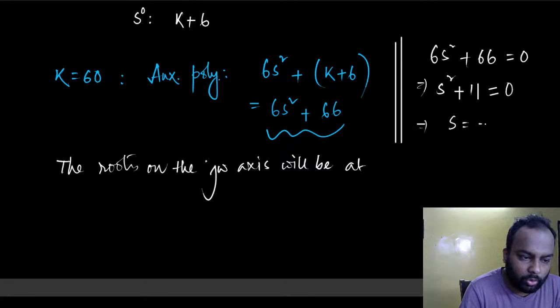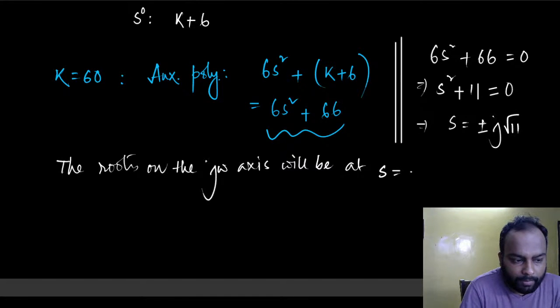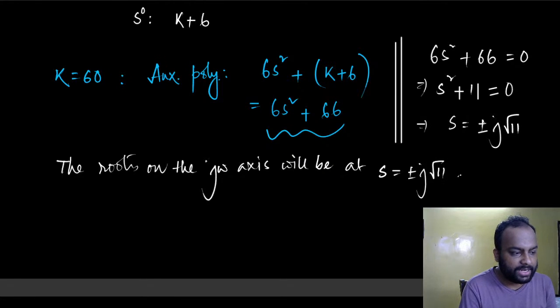So s equals plus or minus j root 11. Of course, these are purely imaginary numbers.